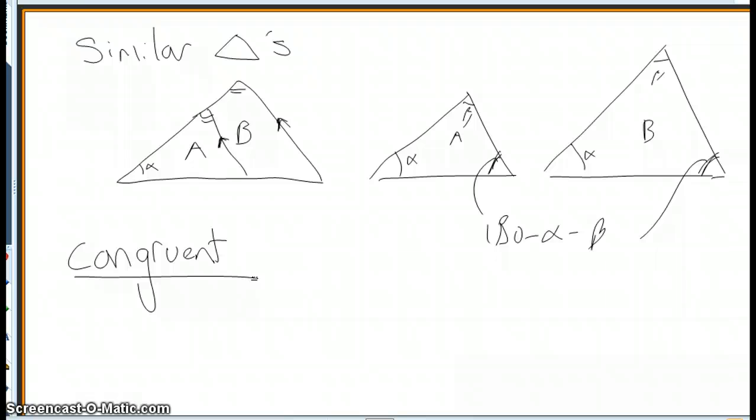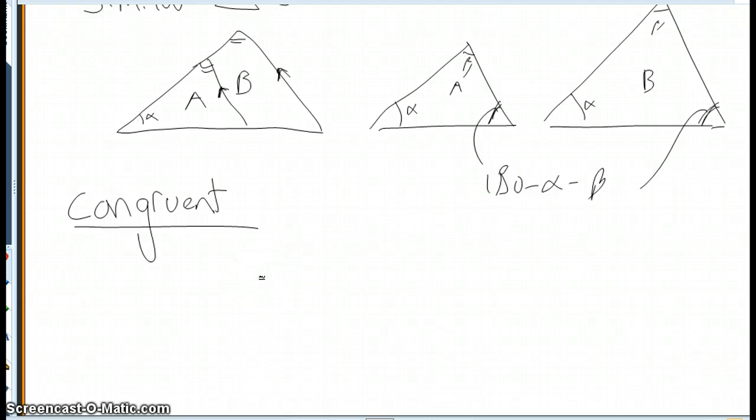Congruent triangles are triangles that are the same size and have the same angles. So identical triangles, except they could have been rotated or reflected.